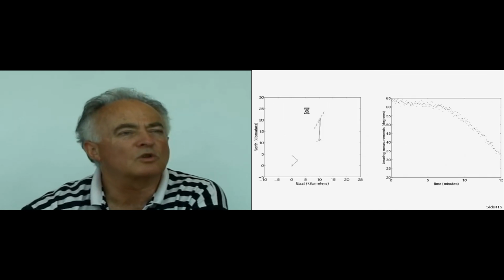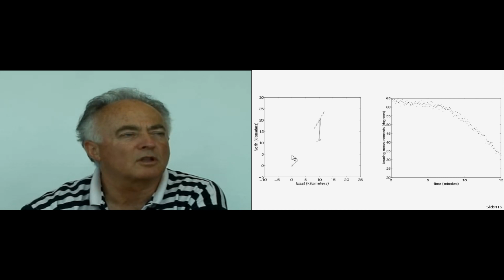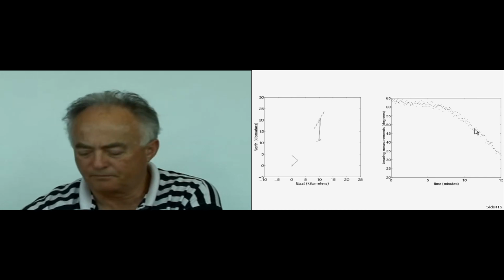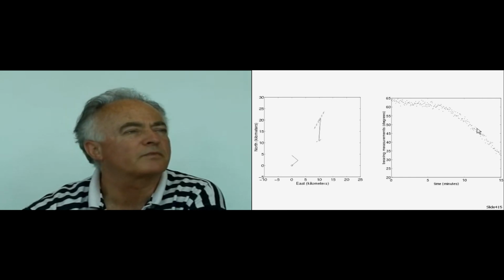Here is scenario 1. The platform moves northeast, then northwest. The target of interest moves in this direction. These will be the measurements in one particular run. So let's see the second scenario.